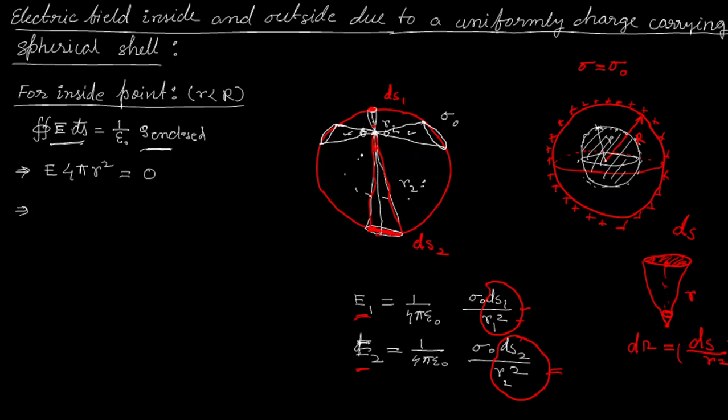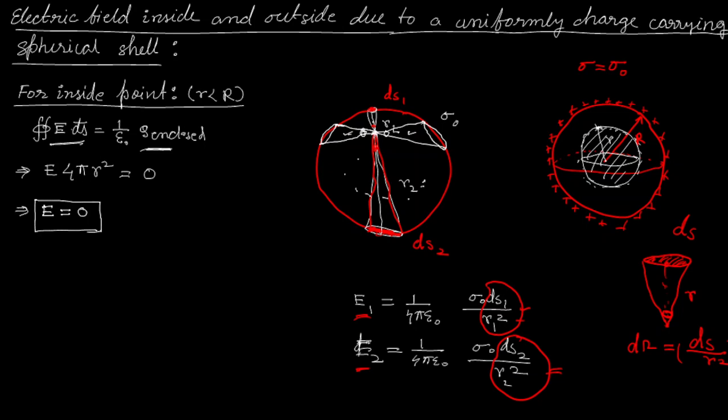So we can say that the electric field inside the uniformly charged spherical shell will be 0. Everywhere it will be 0.